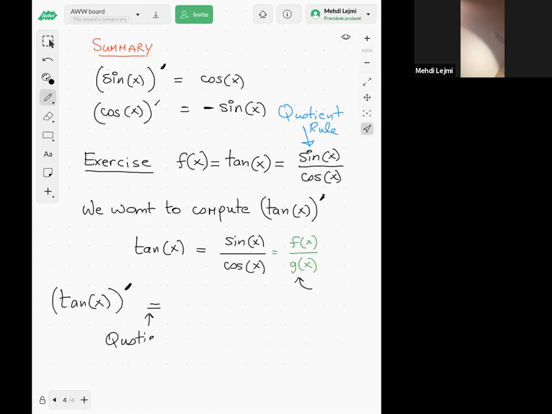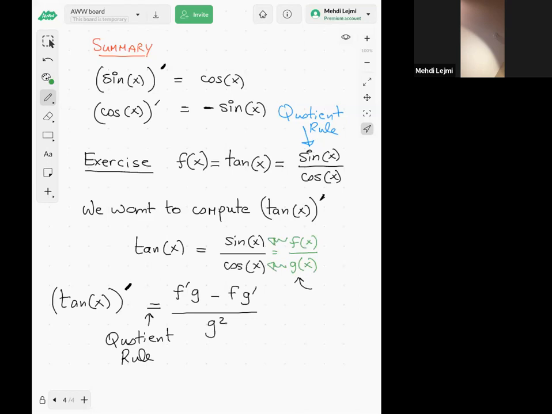And what does the quotient rule say? It says the derivative is f prime g minus f g prime over g squared. Now, what's f and g? The f is the top, the sine, and the g is the cosine.